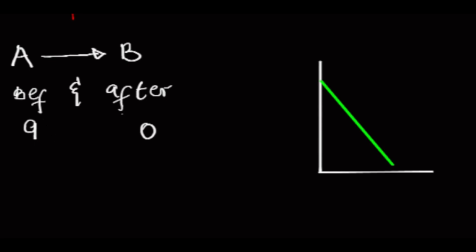If we represent the factor as X, that shows that A is going to decrease by a factor of X. And the factor by which A decreases is the amount that is going to be produced as B. That shows that after the reaction, an amount X of B will be produced, while the amount of A will be reduced from the original concentration of A, which is what you're seeing here.